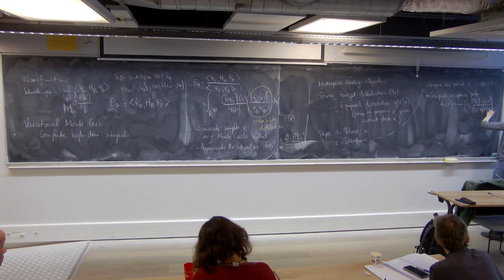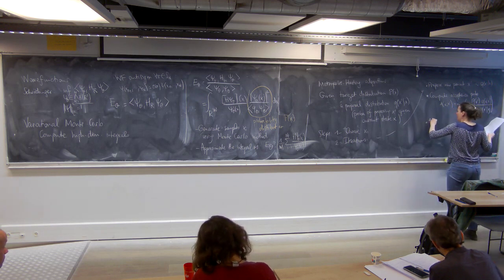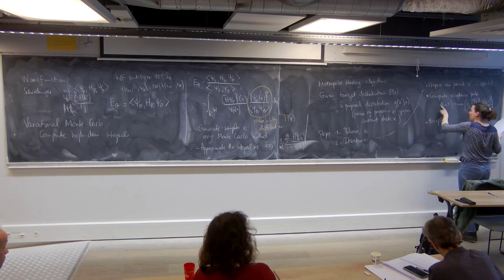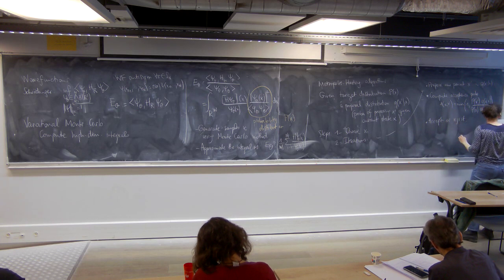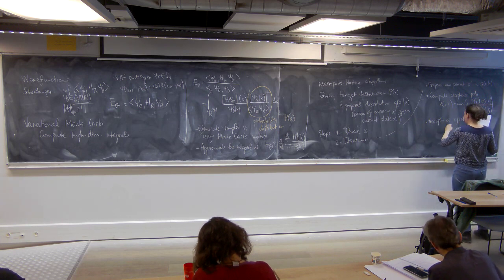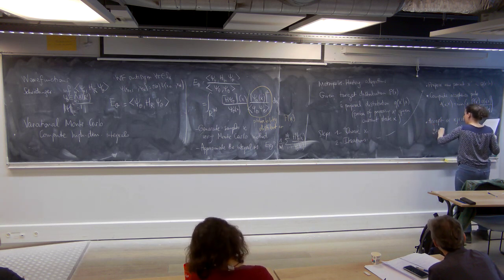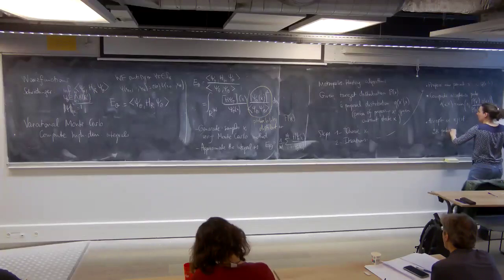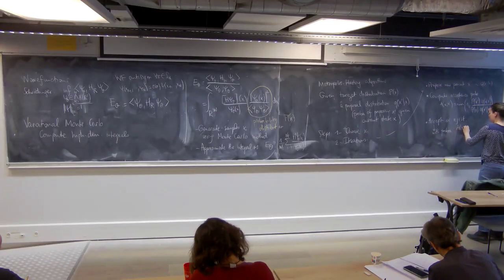Then we accept or reject the point according to this probability. So accept with probability A(x', x).